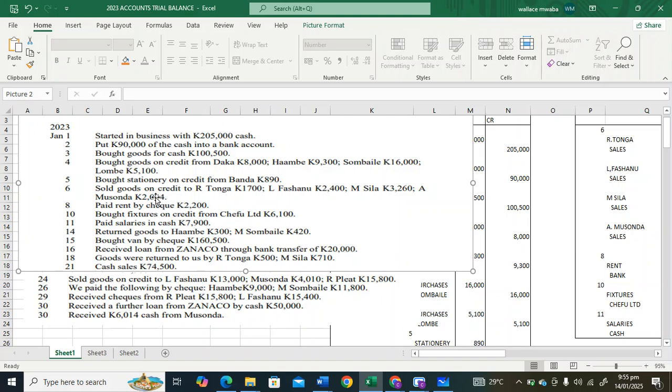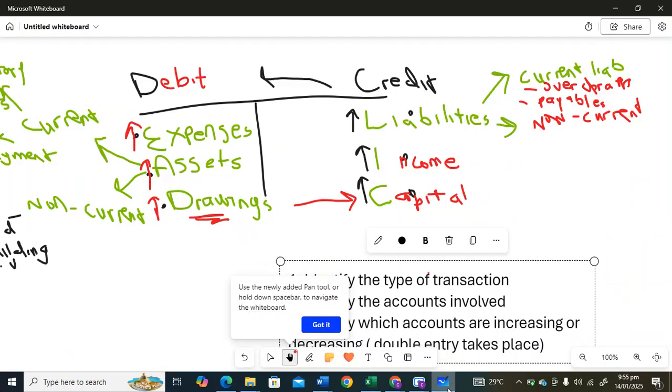Okay, here we made the credit purchases. All right. So since we never paid cash, the two accounts that will be involved are the purchases account, which is an expense account, and the people who were owing money, our liabilities. So remember, when you incur an expense, an increase in expenses, you debit.